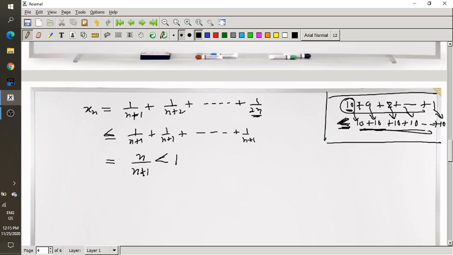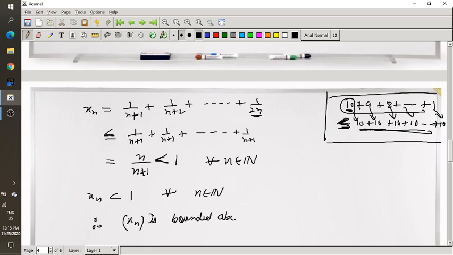So xn is less than 1 for all n belonging to natural numbers. Therefore, the sequence xn is bounded above. We have found a real number such that all the terms are less than that real number. Therefore, xn is bounded above.